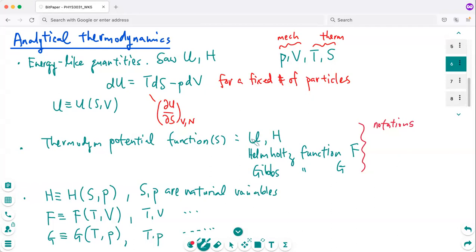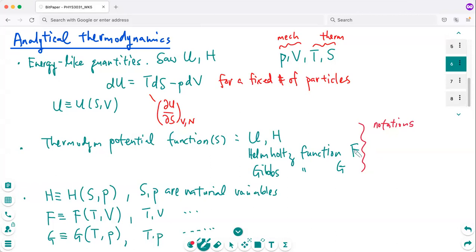I can accept this. And then the Helmholtz function sometimes is called A. This comes from a German word which I don't know how to pronounce. Right? So sometimes it takes the notation of A. This is also okay. It's not too much of a problem.